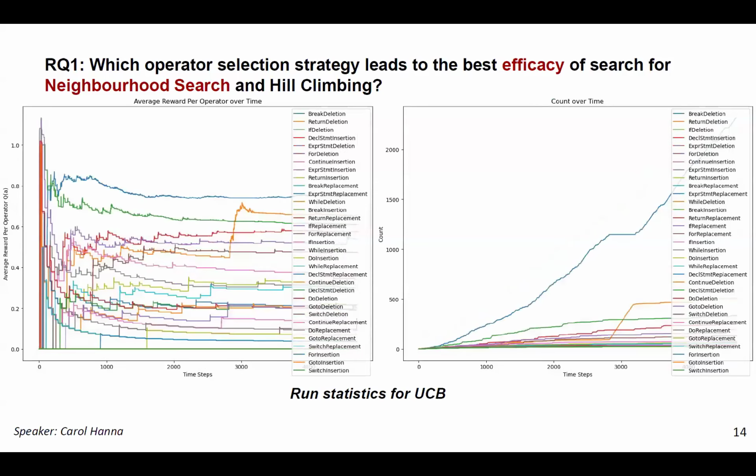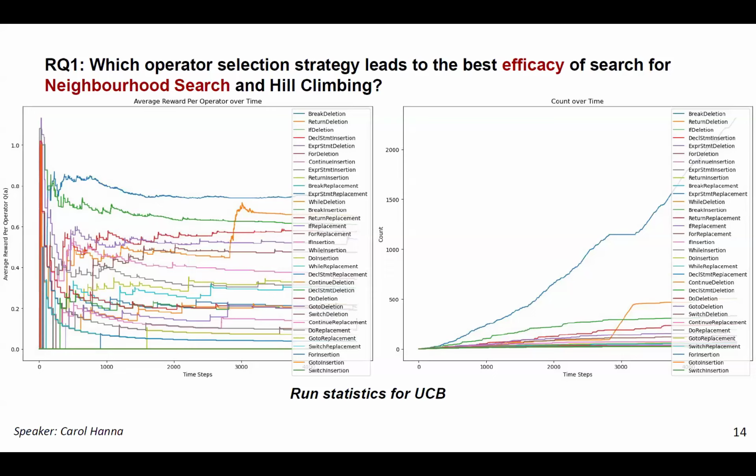Okay, so next for UCB, we can see that we have a better graph on the right-hand side. It makes more sense. We're not choosing the same thing over and over again. That's because UCB balances exploration with exploitation much better than the epsilon greedy algorithm. It has an internal ranking that doesn't only take into account the average reward per operator, but also the number of times that it was selected to be explored.